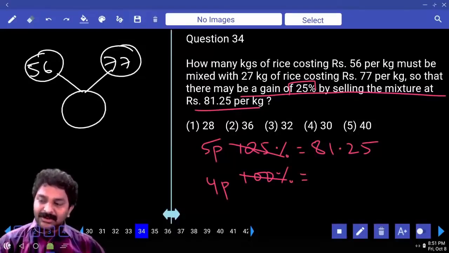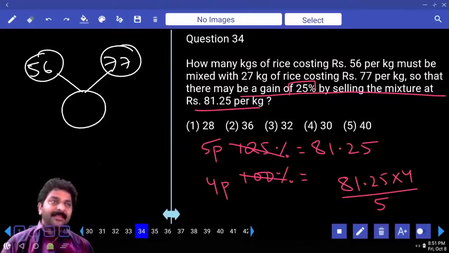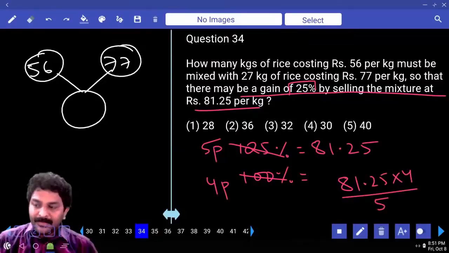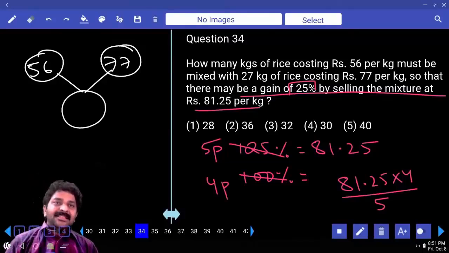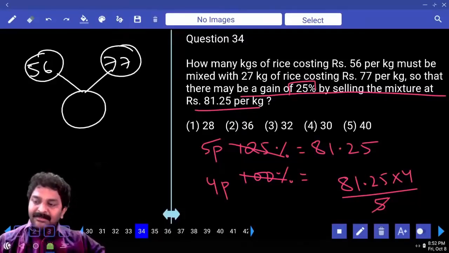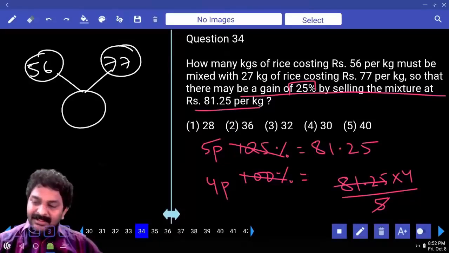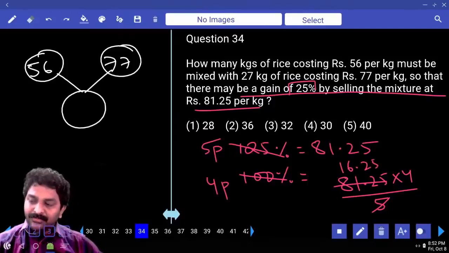That is equal to 81.25 into 4 divided by 5. Is this okay? Divided by 5 in the sense, divided by 10 into 2. Divided by 10 in the sense 8.125, exactly double, 16.25.